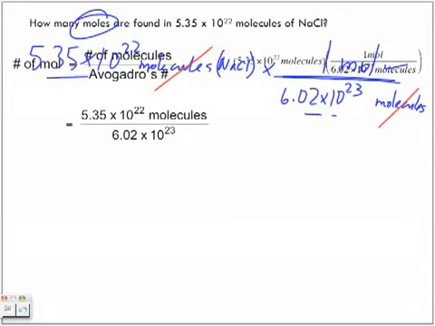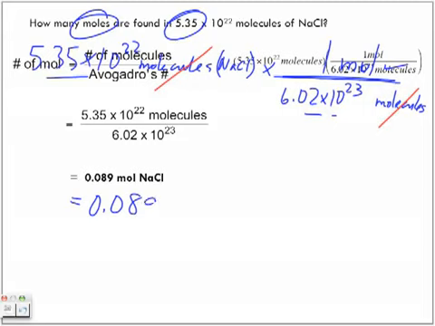Okay? And we end up getting 0.089 mole of NaCl. So we have 3 significant digits in our question. So we should simplify our answer to 0.0890 mole of NaCl. Okay, notice here, 1, 2. This 0 we don't need, but we've made it significant by adding it. Okay, because it is after the decimal.